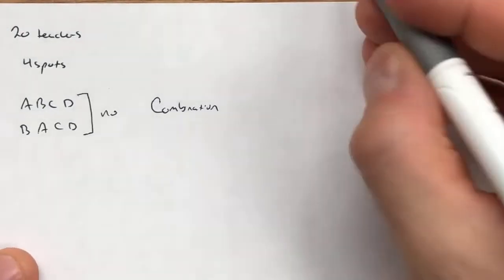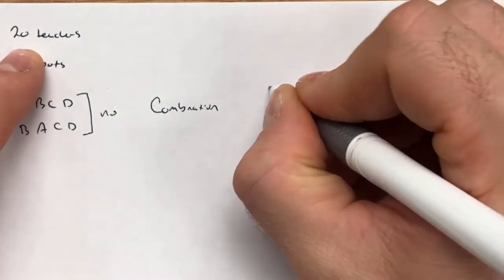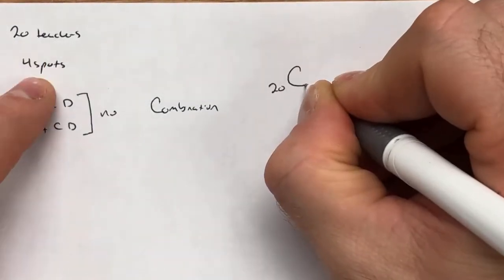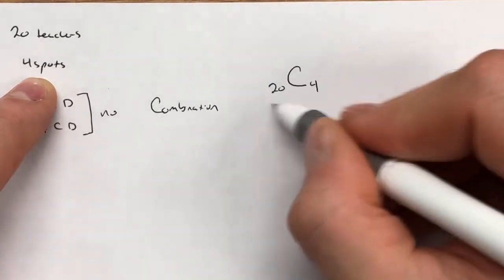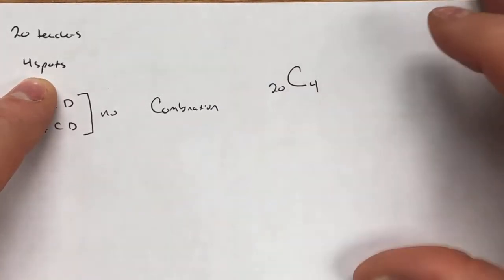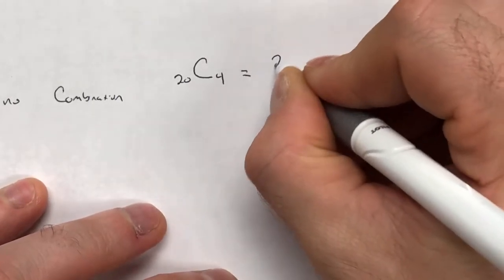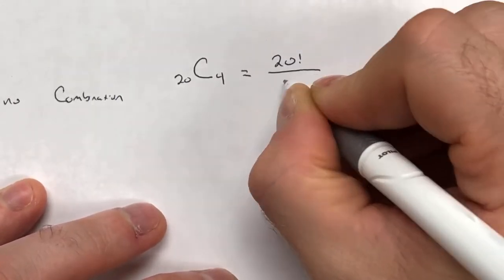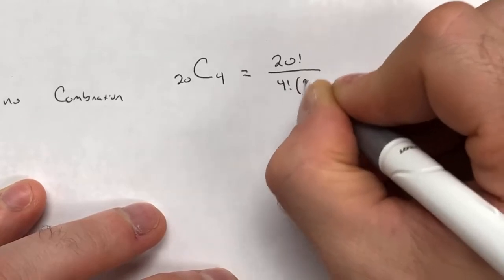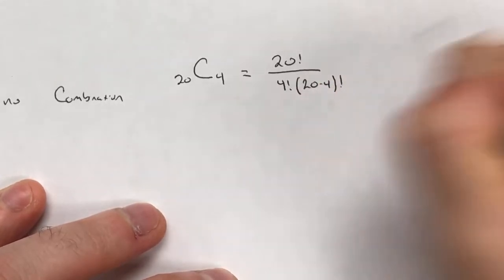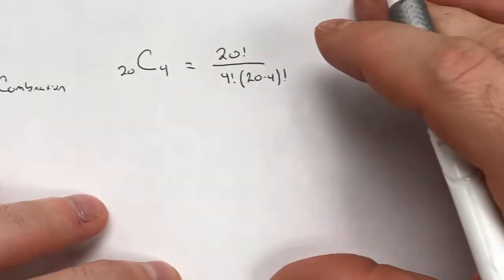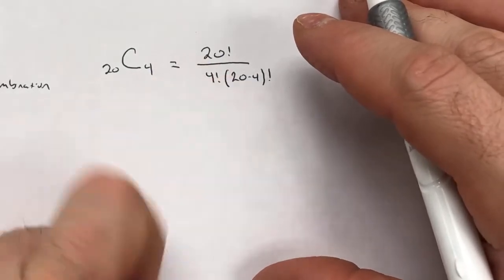So I know that the formula for combination is going to be 20 combination 4. So a pool of 20 are filling in 4 choices. This is going to lead us to the generalized 20 factorial divided by 4 factorial times 20 minus 4 factorial, okay? And just like the previous one, I know some of these are going to cancel out.